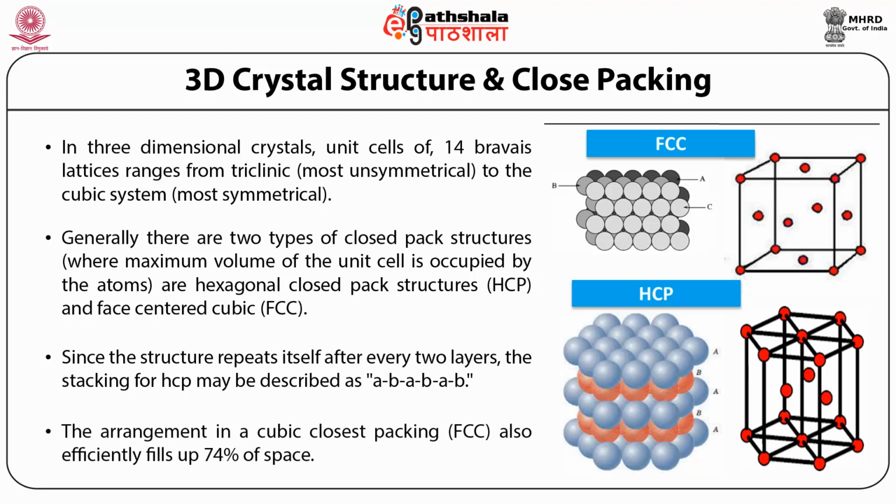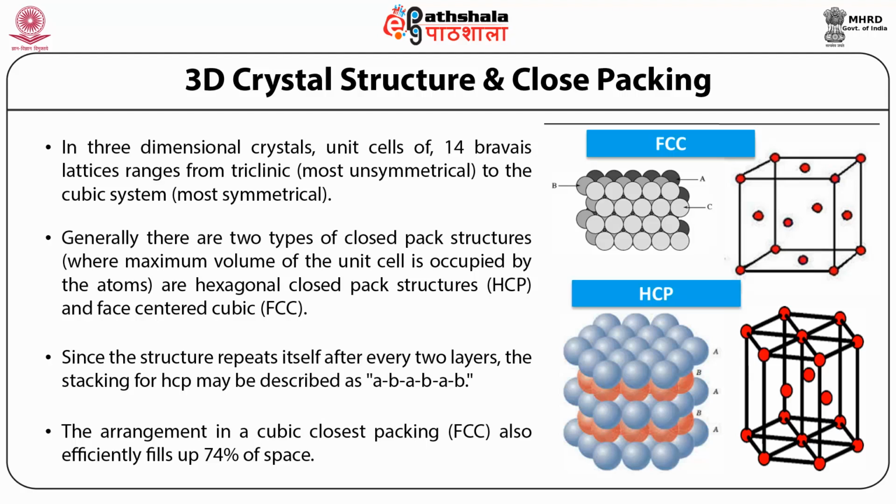The arrangement in cubic close packing, FCC, efficiently fills up to 74% of space, similar to hexagonal close packing. The second layer of spheres is placed onto half of the depressions of the first layer. The third layer is completely different from the first 2 layers and is stacked in the depressions of the second layer, thus covering all the octahedral holes in this case.